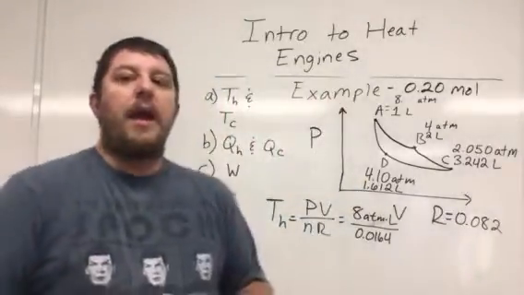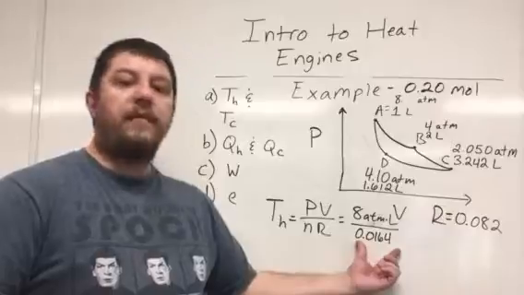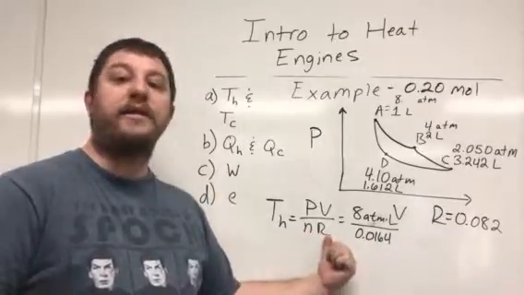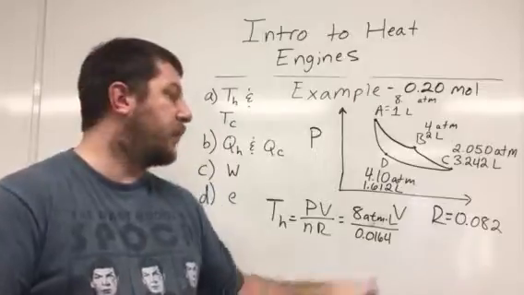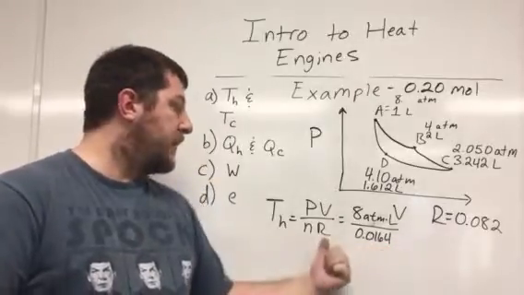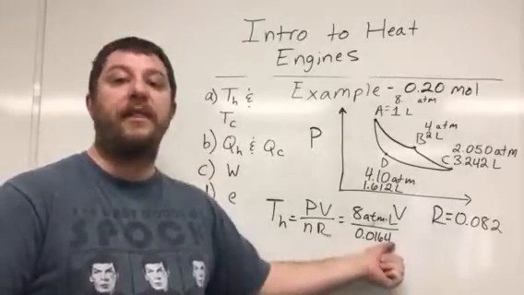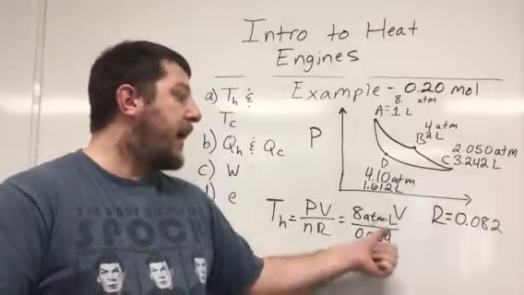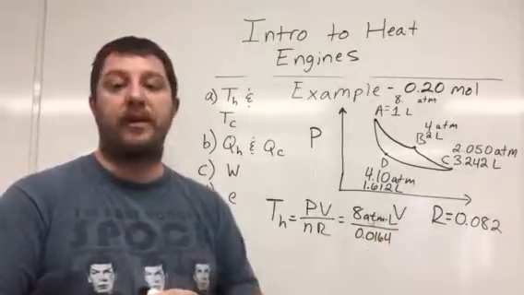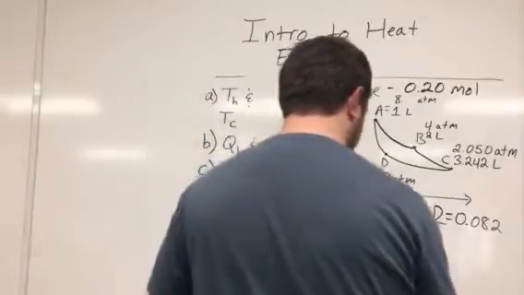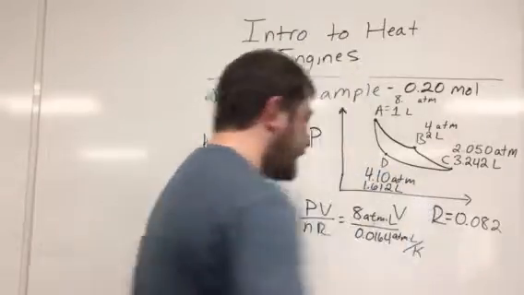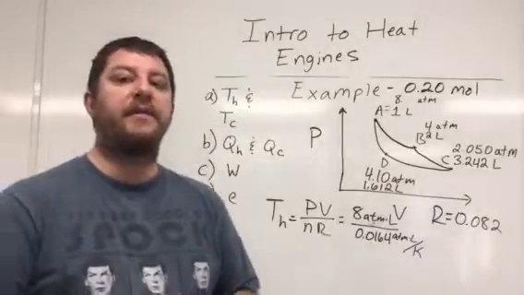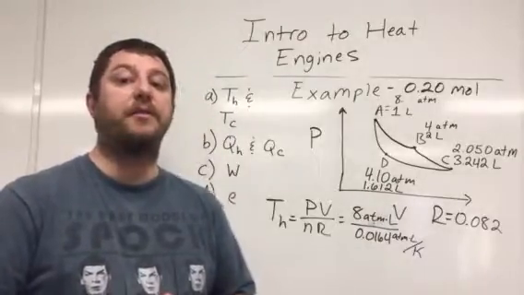Okay, and if I multiply 0.2 by 0.082, then I get 0.0164, and this denominator is going to have the units of atmospheres times liters per Kelvin.